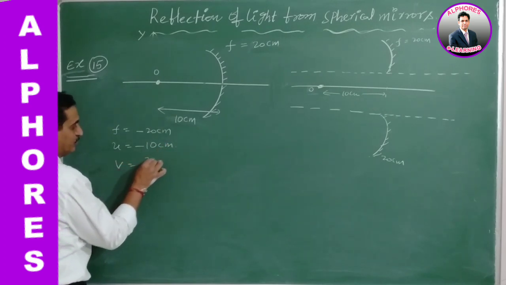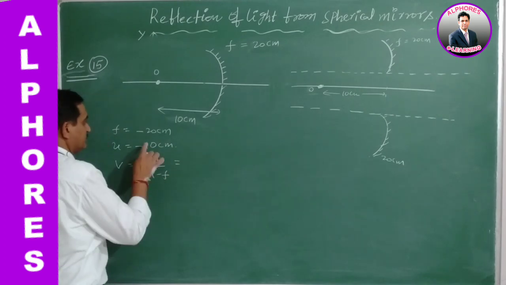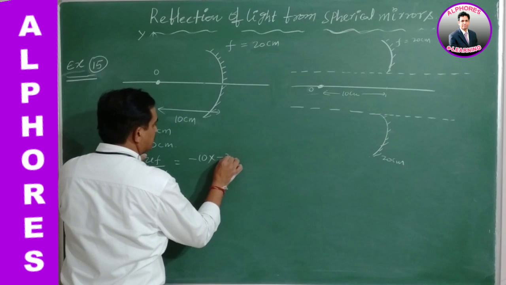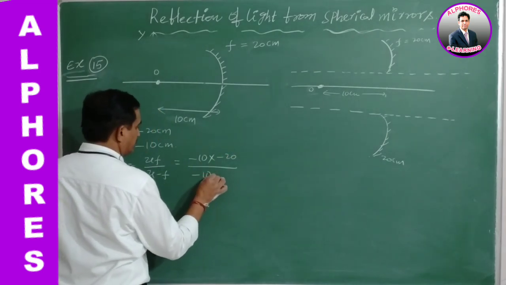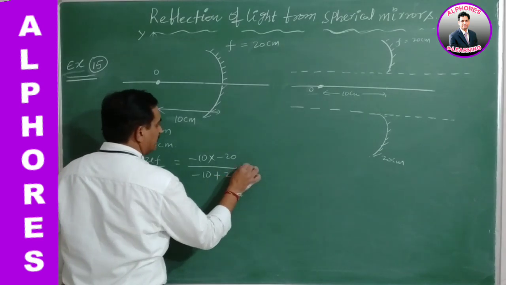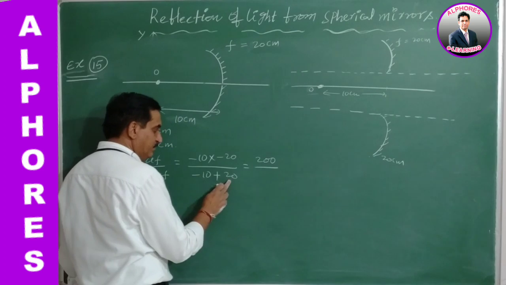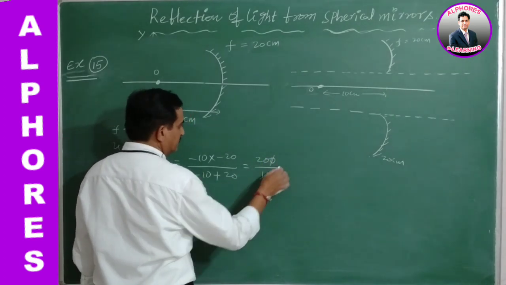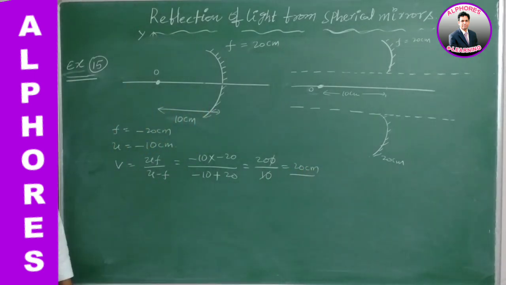Then V is equal to UF by U minus F. U is minus 10, F is minus 20, divided by minus 10 plus 20, which gives 200 by 10. This is giving 20 centimeters. Once again, see.